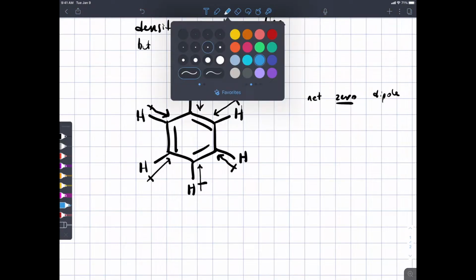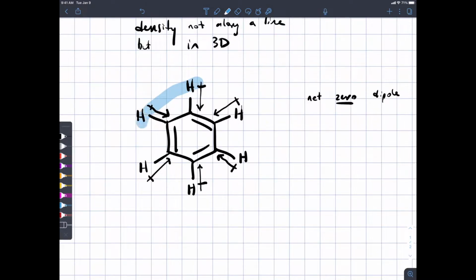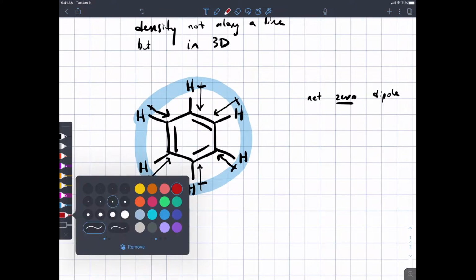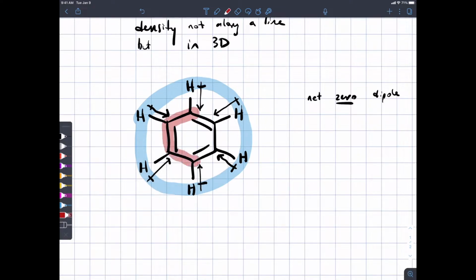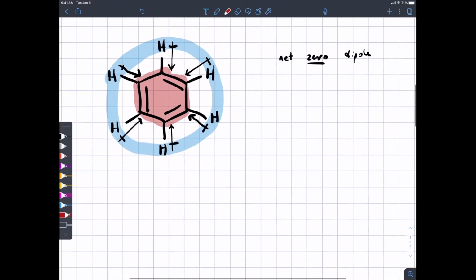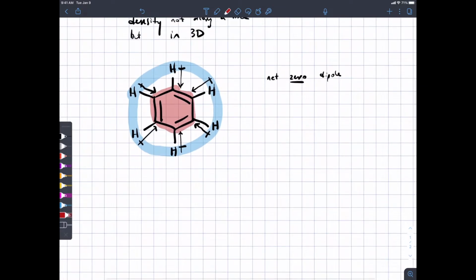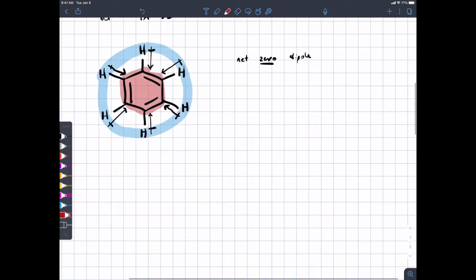So the hydrogens should be somewhat electron poor, whereas the carbons should be electron rich. And so that's not a line, it's a circular non-uniform distribution of electron density.